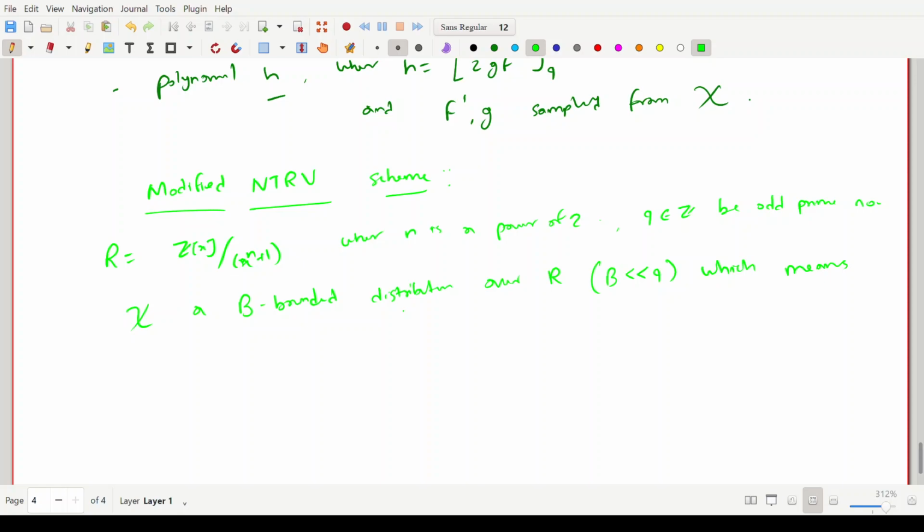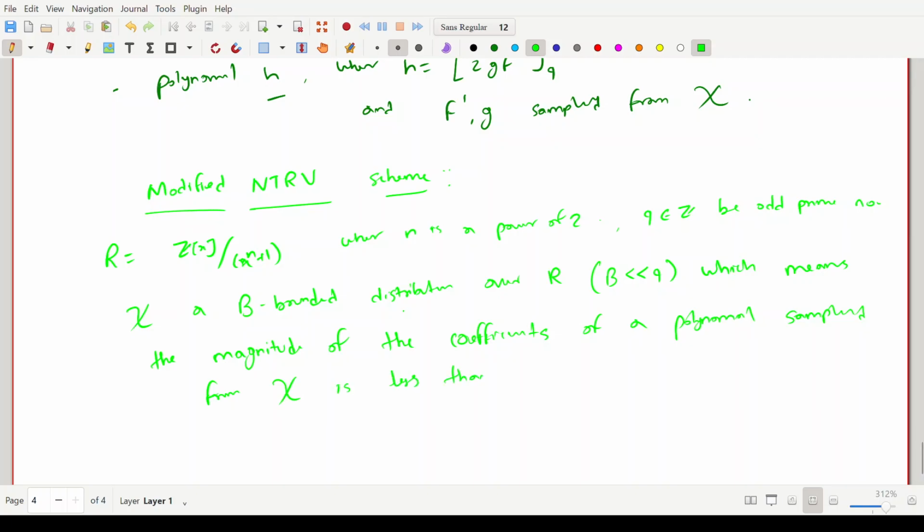The magnitude of the coefficients of a polynomial sampled from chi is less than B. Is that clear? And B is much smaller than q.